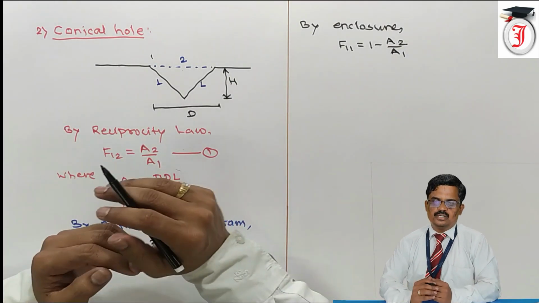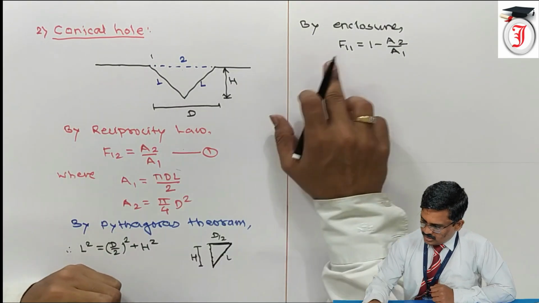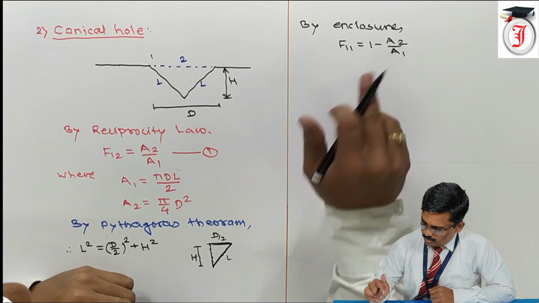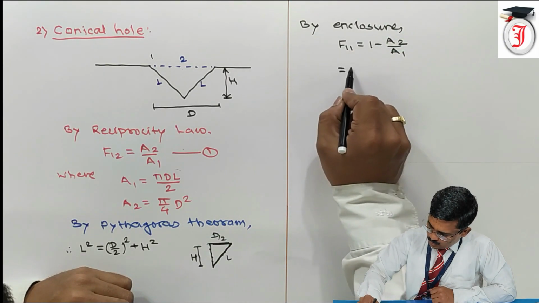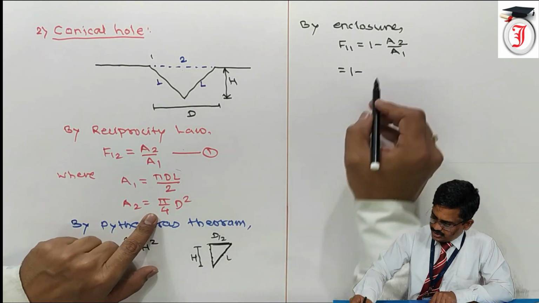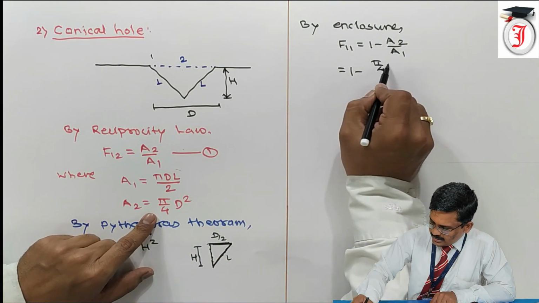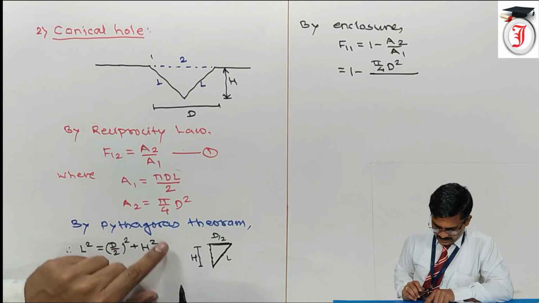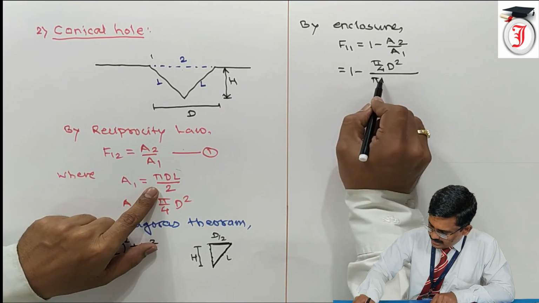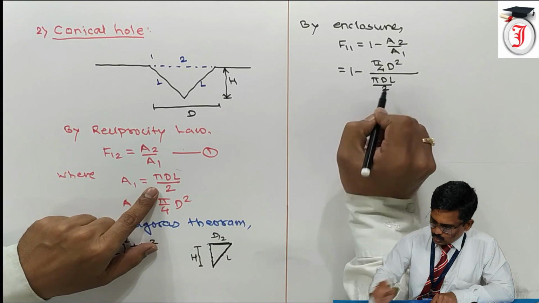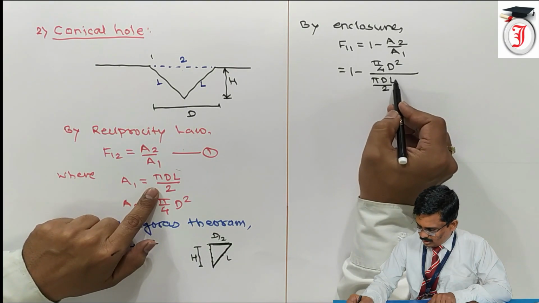This is also the same as the previous case. So that is equal to 1 minus, what is A2? A2 is pi by 4 d square, upon A1 is pi d L upon 2. So we have to put the value of L here.